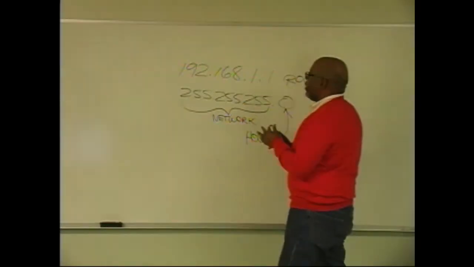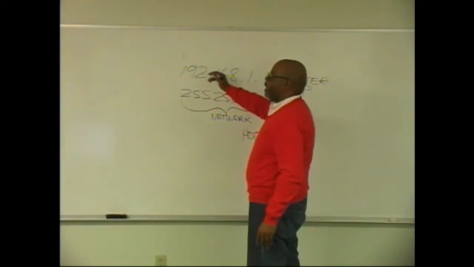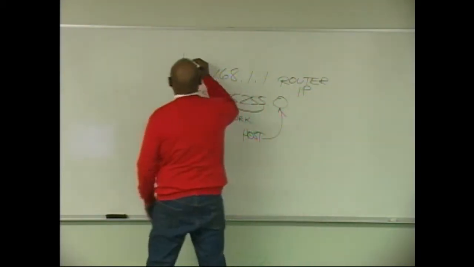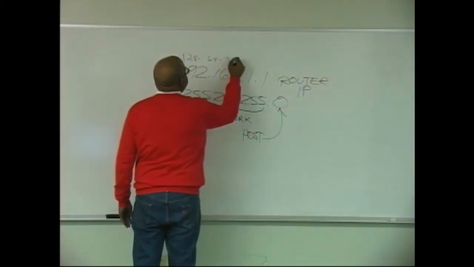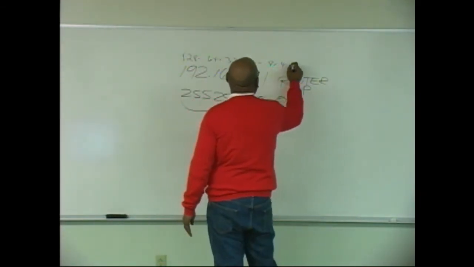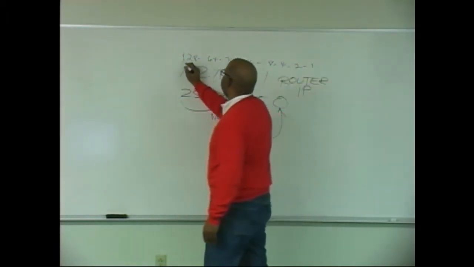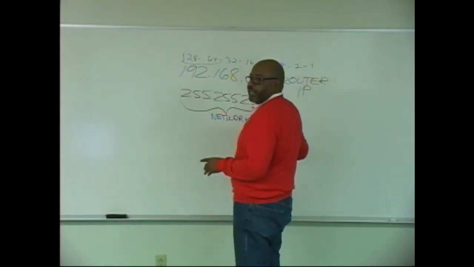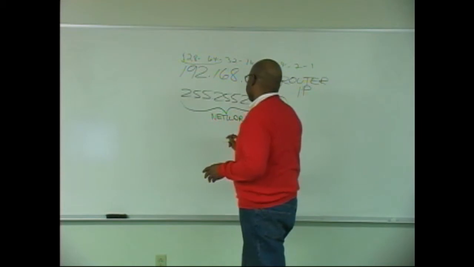You always have to start with your far right. So the values are 128, 64, 32, 16, 8, 4, 2 and 1. You take these and add them together, so you're stealing a piece of this and making it a subnet.